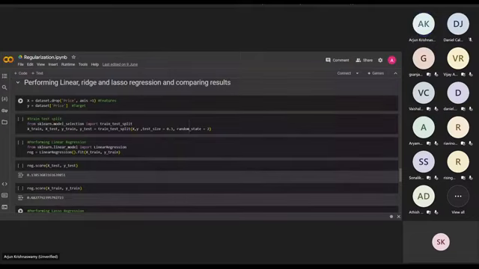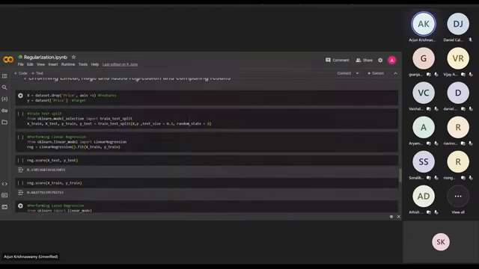The main goal is to predict the price, so we choose price as the target. All the remaining columns are features. In dataset.drop, axis equal to 1 means columns are dropped, not rows. So only price is dropped, and everything else is considered a feature.